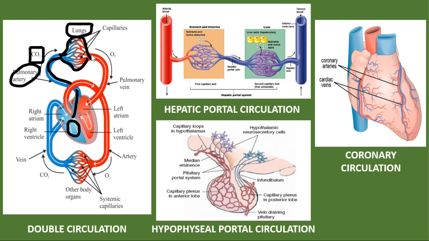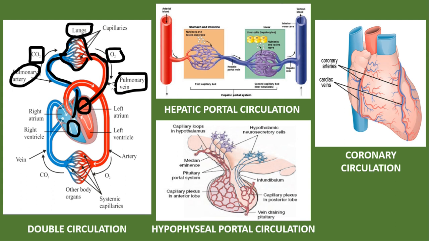And then oxygenated blood is returned to the left atrium, this is the left atrium part of the heart or the left auricle, from the lungs through the pulmonary vein.